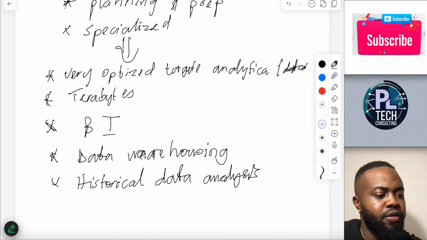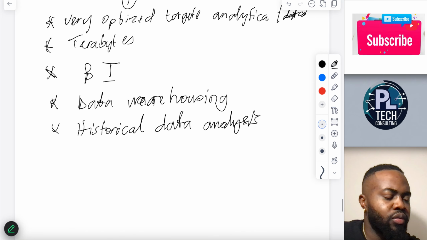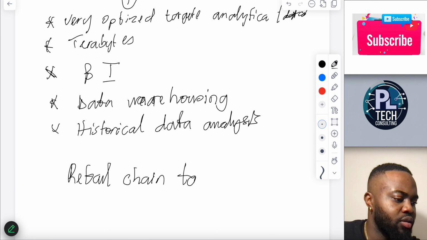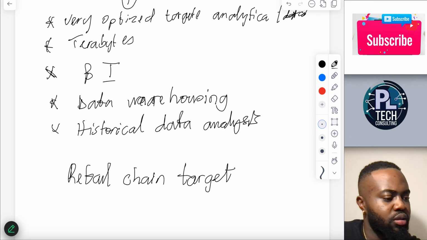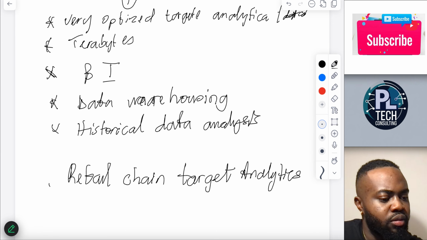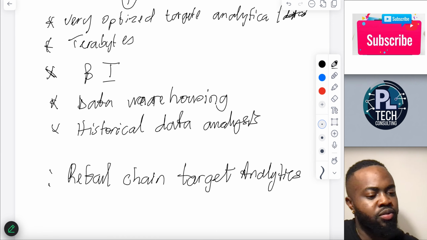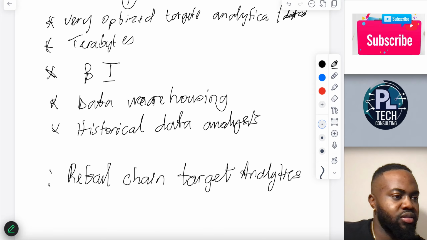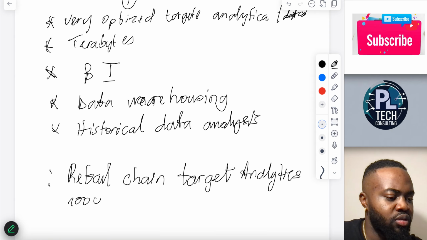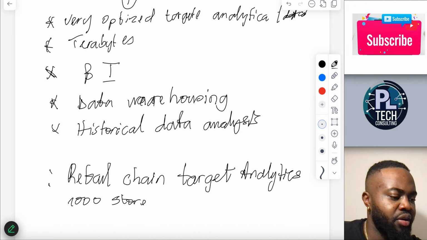Okay, so a real scenario for Redshift would be like retail chain analytics. Think about a Target or a Walmart, trying to figure out what happened to sales in the last 25 years, over 1,000 stores in specific geographical areas, things like that.